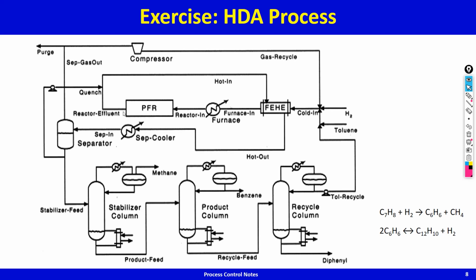Now because things are so hot, reaction can continue. It's important to cool the reactant so that these reactions don't happen. So what happens is, downstream the reactor effluent contains what? It contains benzene, unreacted toluene, some diphenyl, and of course methane and hydrogen. So you're going to condense whatever can be condensed. So C6, C12 and C7 are going to get condensed. That condensate is over here.